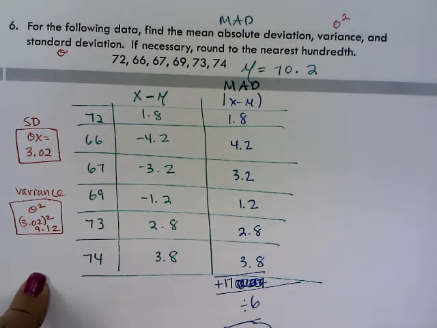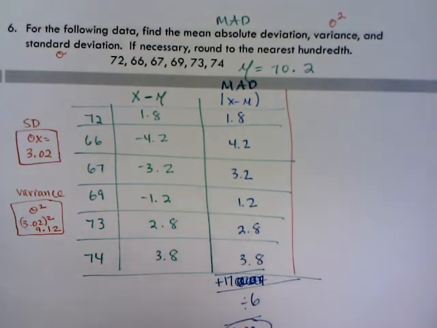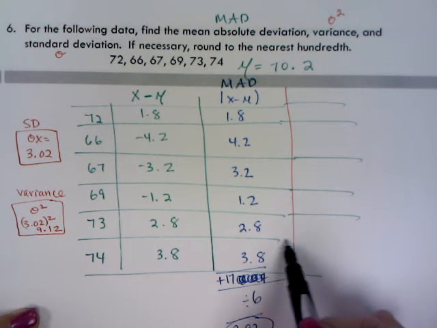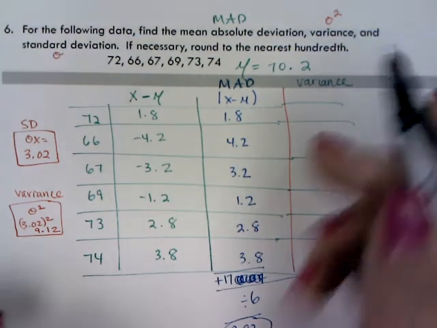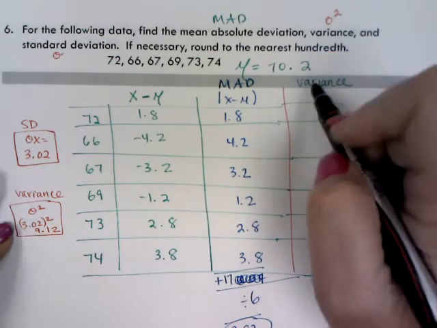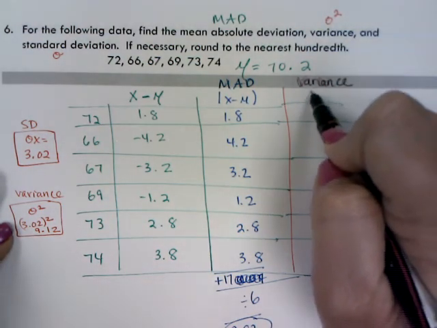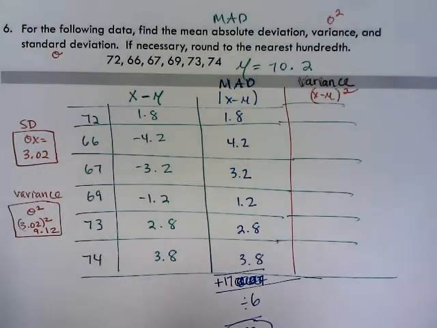On the chart, let's extend our column. I'm going to find variance, which means now I'm going to have the x minus the mean, and I'm squaring it.